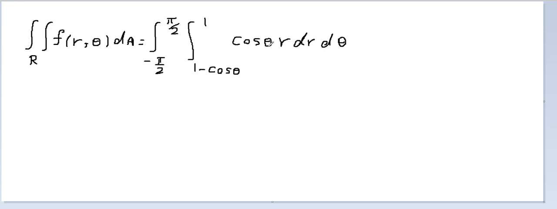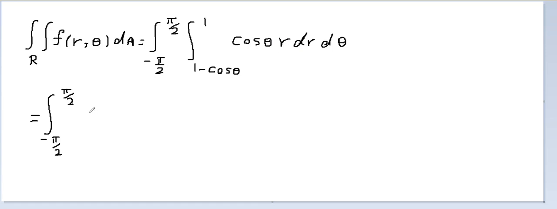So this equals the integral from minus pi over 2 to pi over 2. The integral of cosine theta times r with respect to r: cosine theta is a constant, so the integral of r is r squared divided by 2.